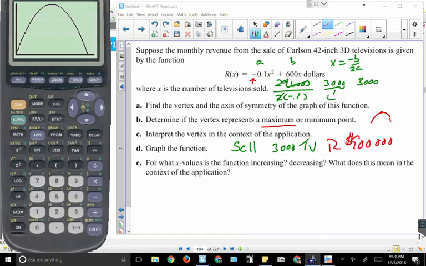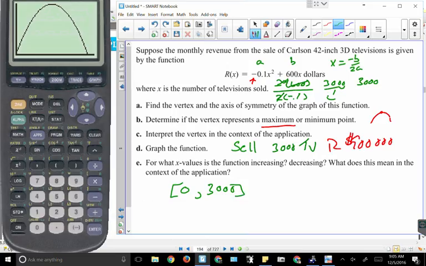So it says for what values of x is the function increasing? Now the function, we're selling more and more and more going up this way, right? So that means that we are increasing on, let's see, from 0 to how much? 3,000.